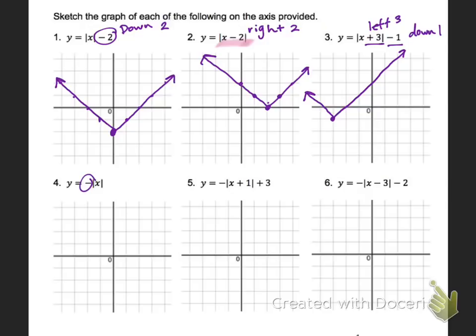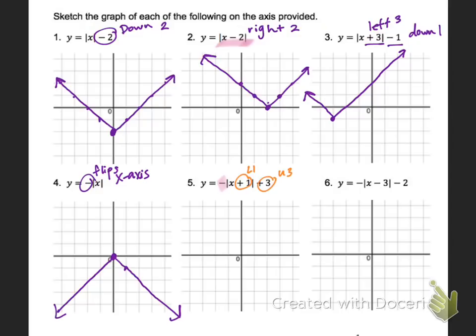Number 4, I've got this negative. That just means that it flips over the x-axis. So now I'm keeping my vertex at 0, 0, but it's now flipping down. Number 5, I've got this negative, so it flips. From there, it's going to go left 1, up 3.